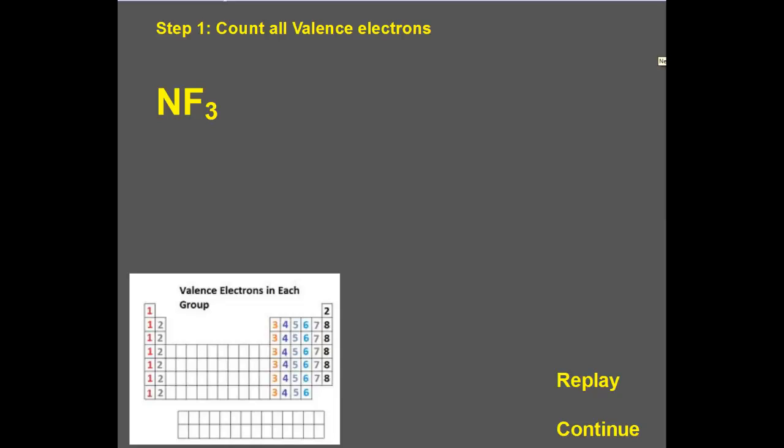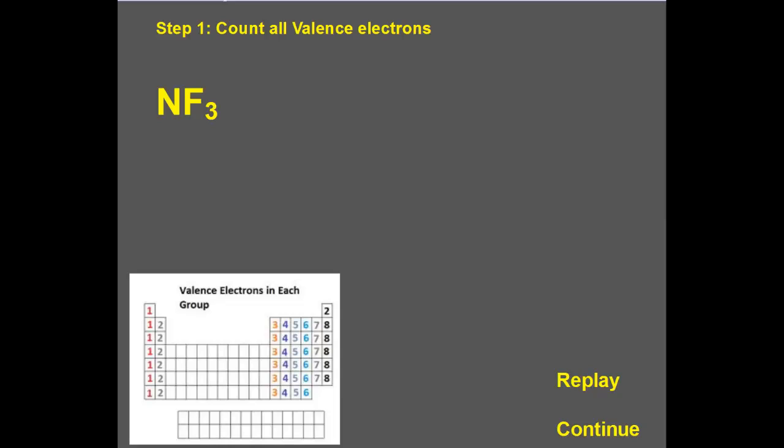The first thing that we need to do is to get a count of all of our valence electrons in the molecule NF3. This is going to be an important part because it is through the valence electrons that these atoms will bond together. So I've included a chart of the valence electrons.